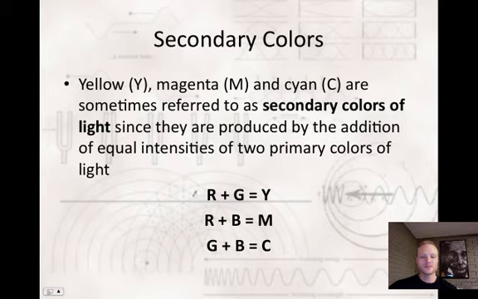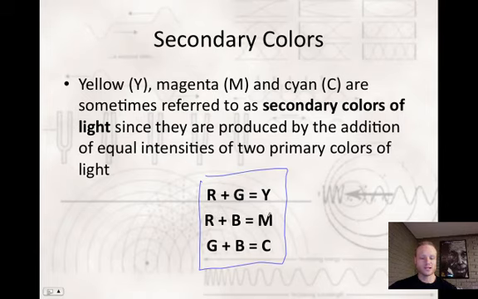This is a color mixing formula you might want to have handy in your notes. If you mix red and green together, you get yellow. If you mix red and blue, you get magenta. If you mix green and blue, you get cyan. That's how you produce the secondary colors.